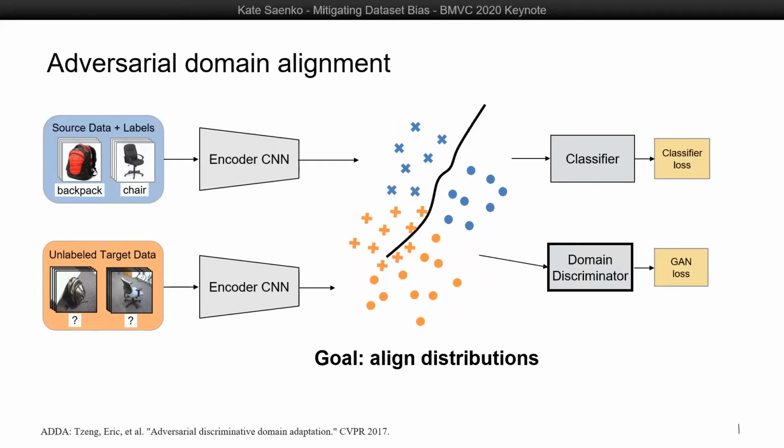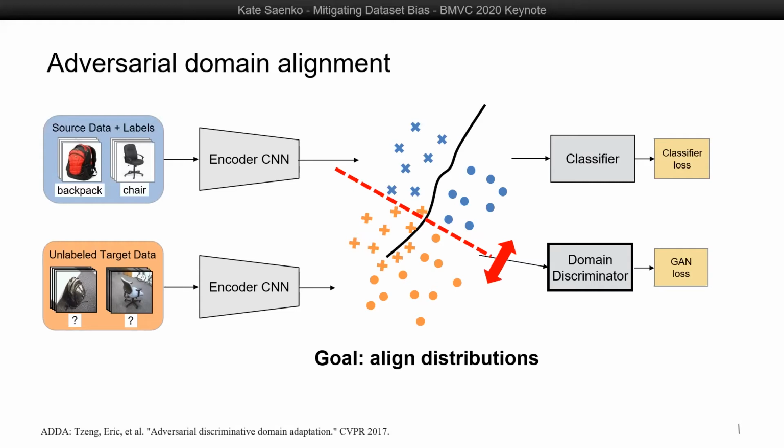The way we're going to accomplish that is by adding another classifier. We call this the domain discriminator. It takes as input points from both source and target and tries to predict the domain label of the points. So it tries to discriminate between the two distributions. We can train this with a GAN loss, where we alternately minimize the loss of the domain discriminator, so we train it to distinguish the two distributions.